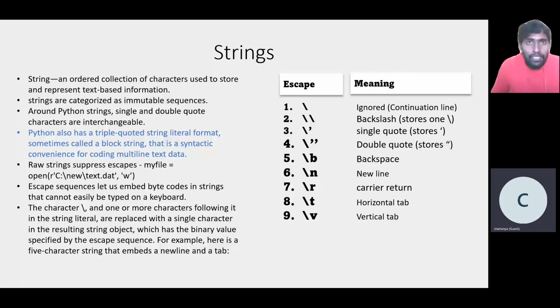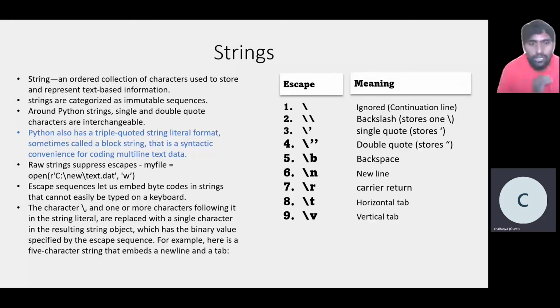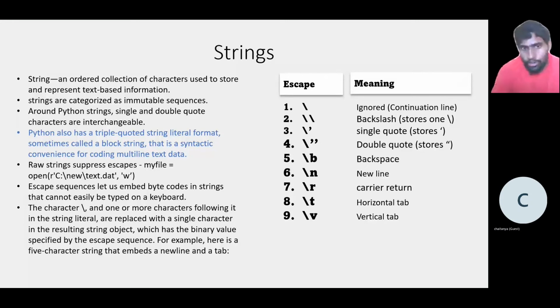We cannot embed special characters directly, so we use escape sequences to include backspace, new line, single quote, double quote, and these kinds of things in our strings. To suppress these escape sequences, there is a new type of string called raw strings. This is all we have discussed about raw strings.